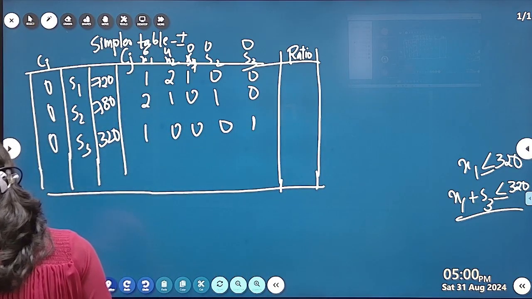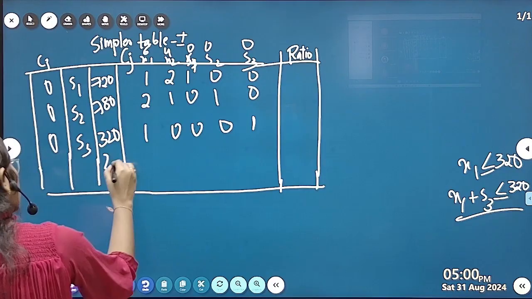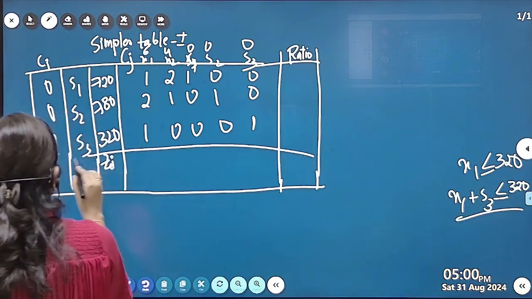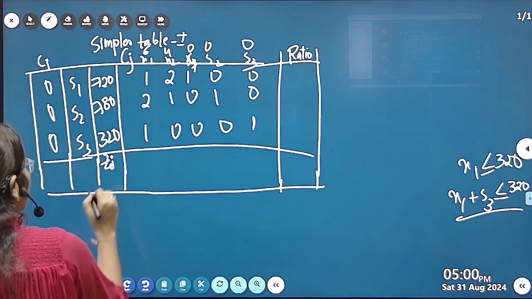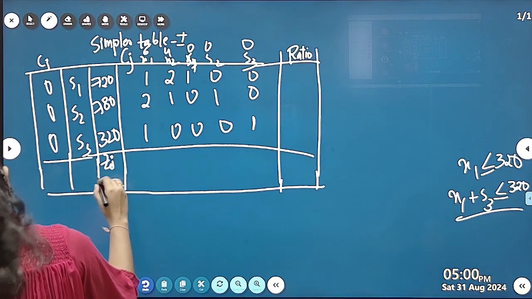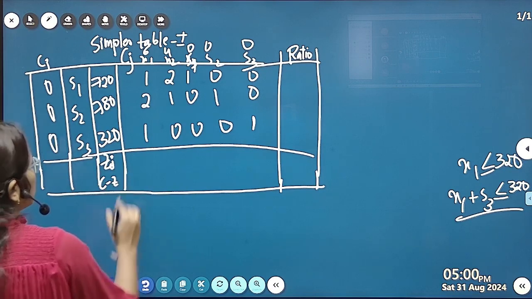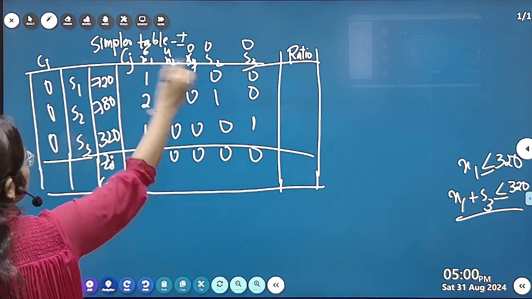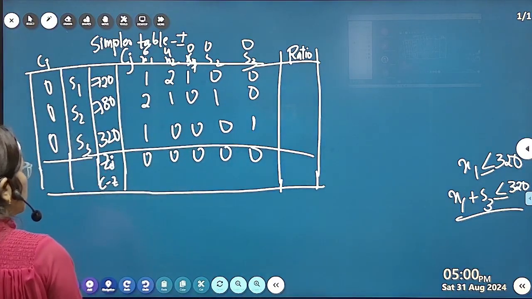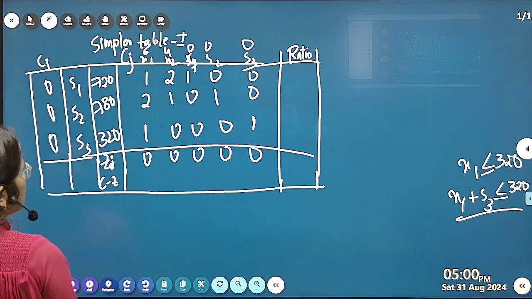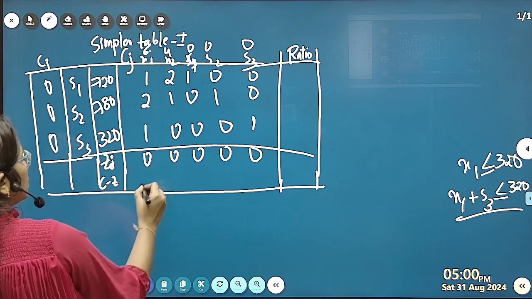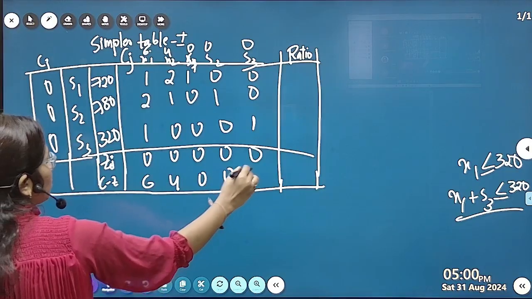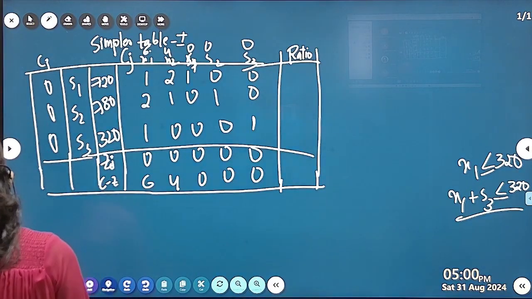Okay. So tell me the Zj value. Zj value will be 0, 0, 0, 0, 0 because all the slack variables multiplied by this will give 0. So now tell me Cj minus Zj: 6 minus 0, 4 minus 0, 0 minus 0, 0 minus 0, 0 minus 0.